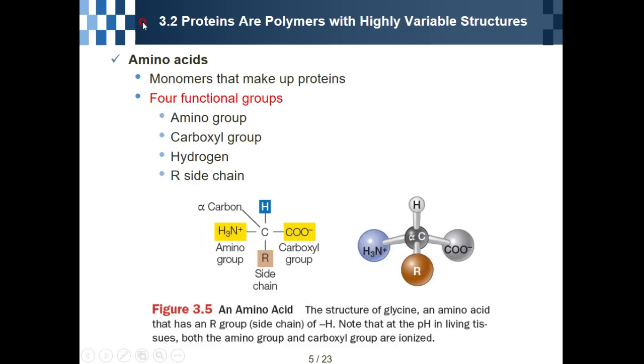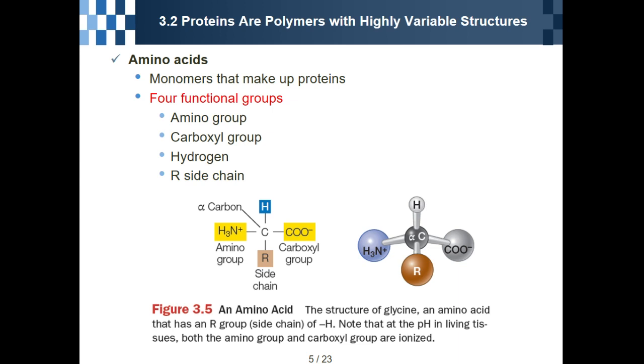Okay. Now we will cover the second chapter, protein. If you are interested in protein engineering or protein, I will teach you this subject for one semester. Okay, let me start.